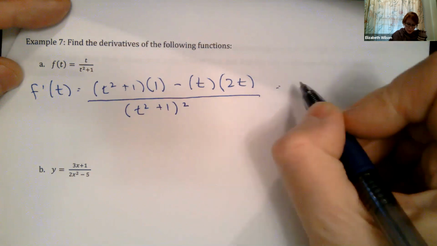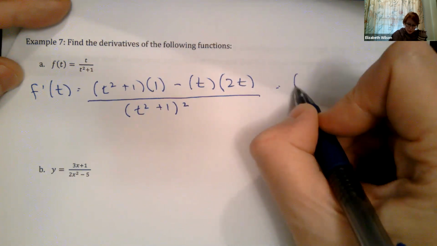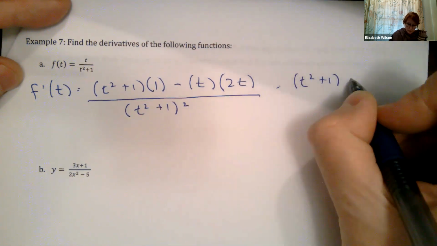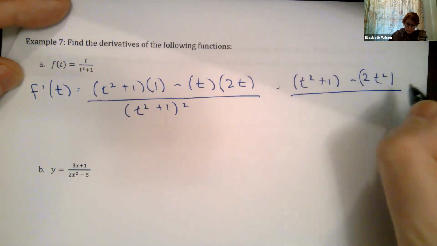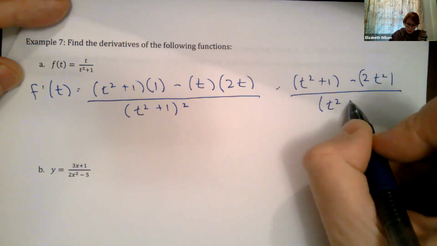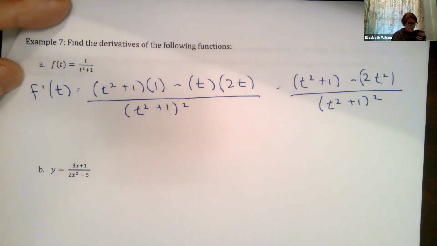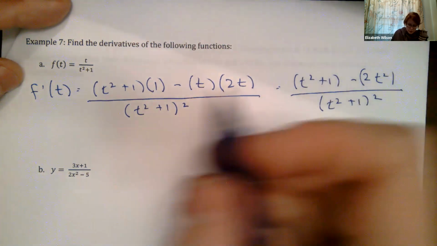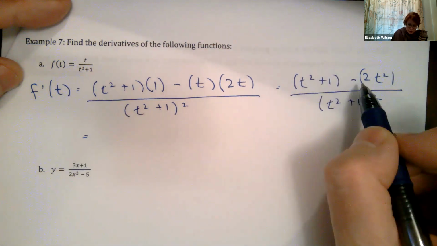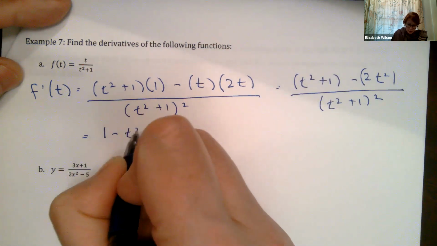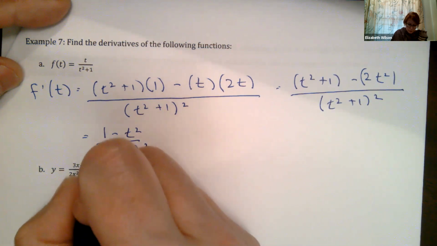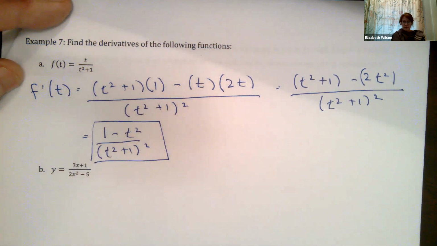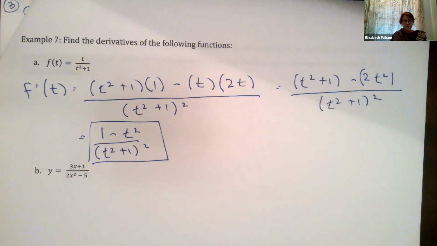We can make it look a little bit nicer. So this is going to be t squared plus 1 minus 2t squared all over t squared plus 1 squared. Okay, I can clean this up too. So this is going to be t squared minus 2t squared. This is going to be 1 minus t squared all over t squared plus 1 squared is our derivative. You could also have left it like that.